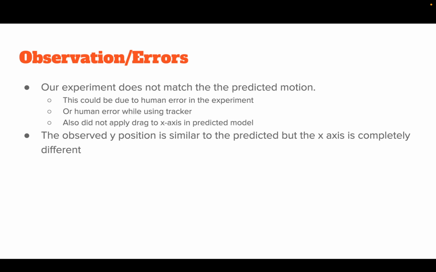Only the y-axis was impacted by drag. So it shows that, like I said, the observed y position is similar to the predicted, but the x-axis is completely different. This is because the x-axis in the predicted had no drag, but in actual real-world scenarios, it did have drag. So our y would be similar, but our x was not because of that.